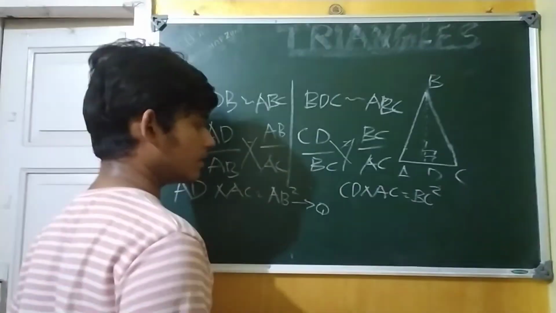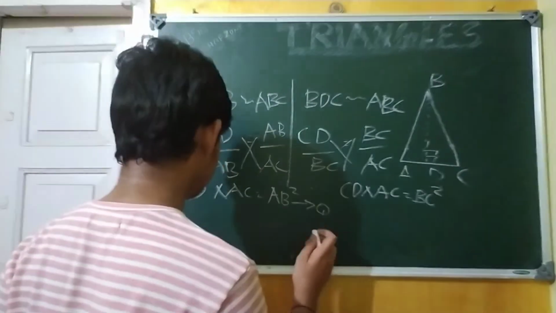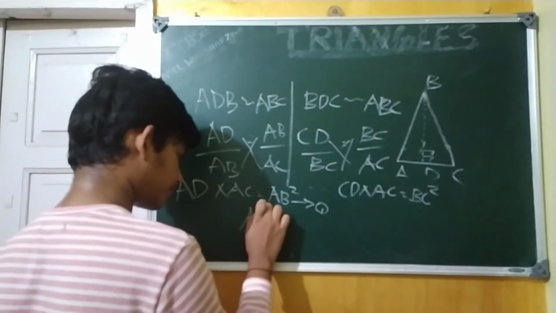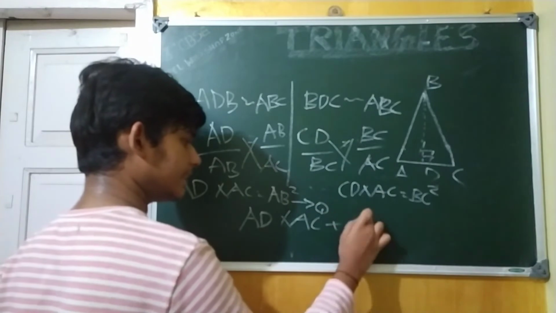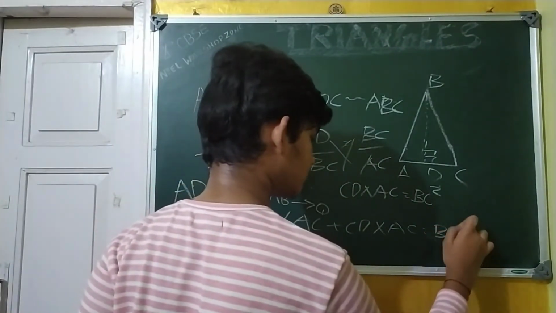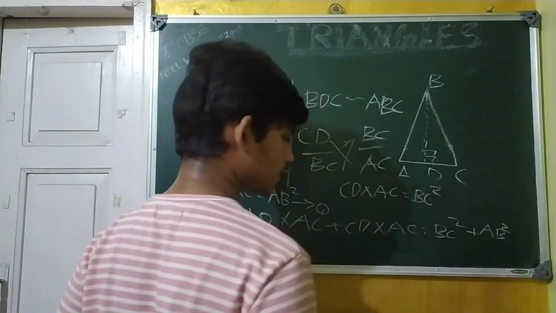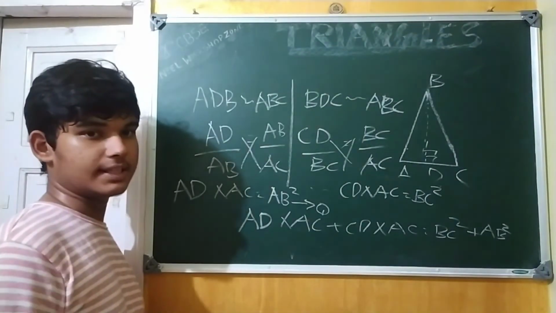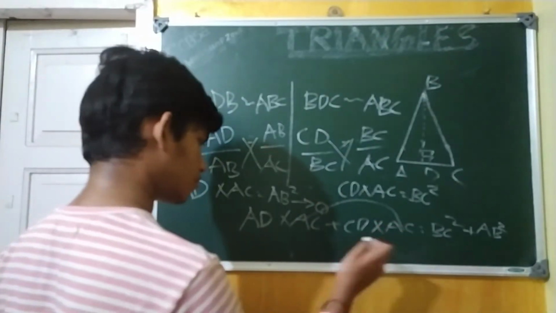Now that we have gotten both of these equations, let's add them together. So AD into AC plus CD into AC is equal to BC square plus AB square, or vice versa, but it's addition, so it doesn't really matter which way it is. Now let's take AC as the common factor.